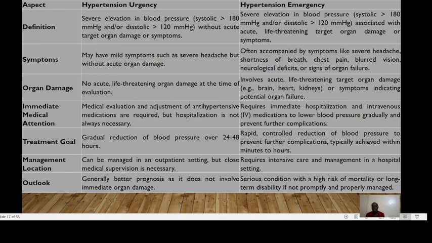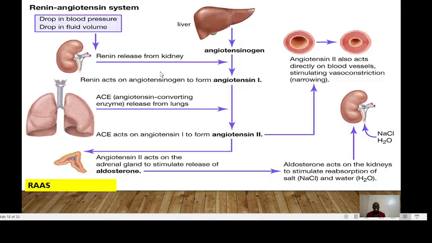However, hypertensive emergency is a serious condition with high risk of mortality or long-term disability if not promptly and properly managed.